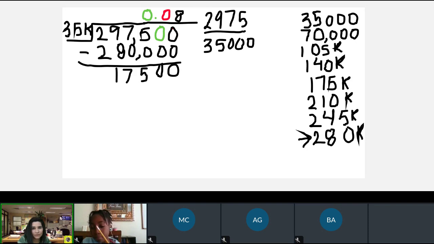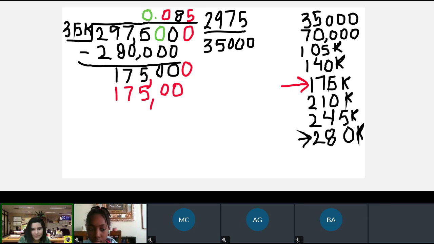And I will bring down another 0, right? I have 175,000. And how many 35s? I will use this one, right? And this is 5 times, and it could divide evenly. And I will pause here. 175,000, no remainder. It was not a bad division. It was not so messy.